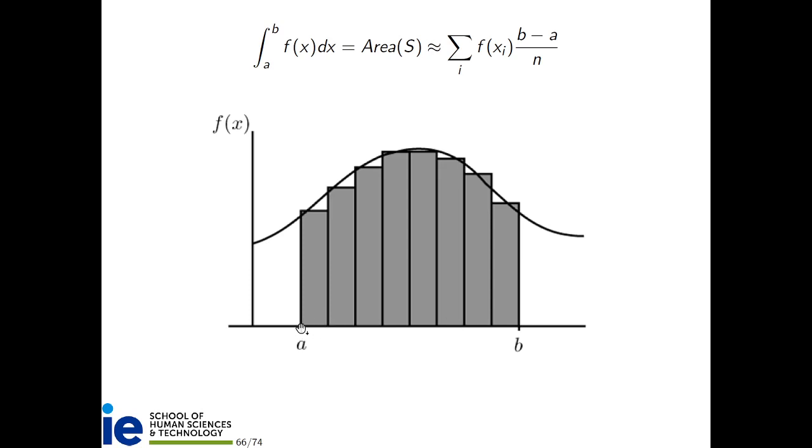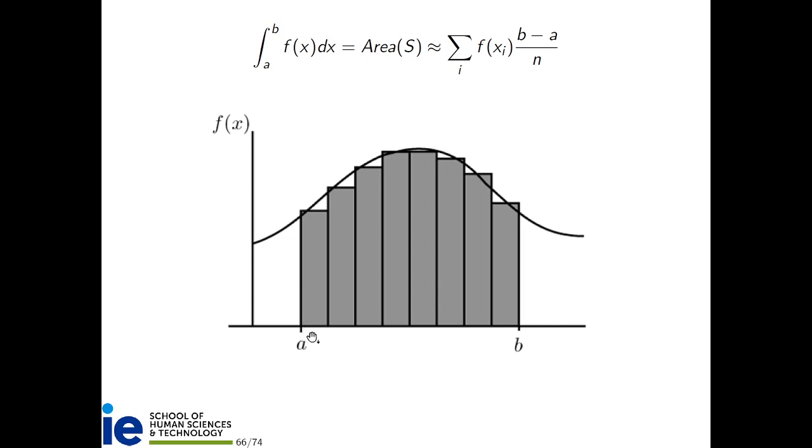Now the size of the rectangle is going to be b minus a, which is the length of the interval, divided by n, the number of rectangles I consider. So if I want to compute the area of any of these rectangles, what I need to do is to multiply the length of this side times the length of this side.